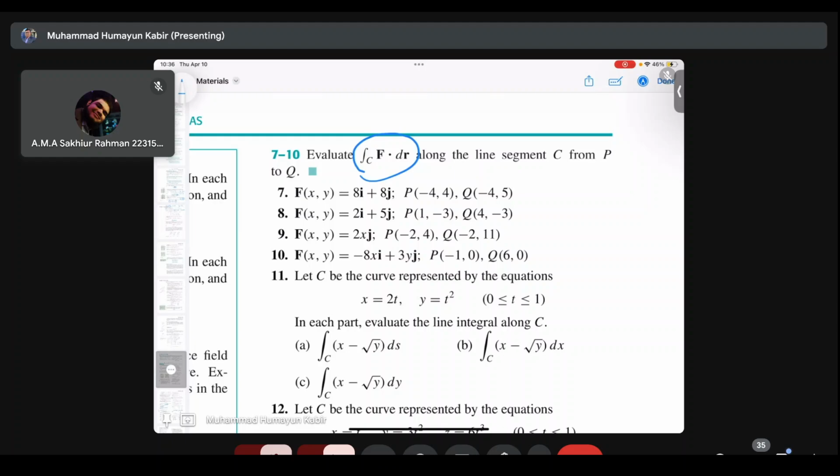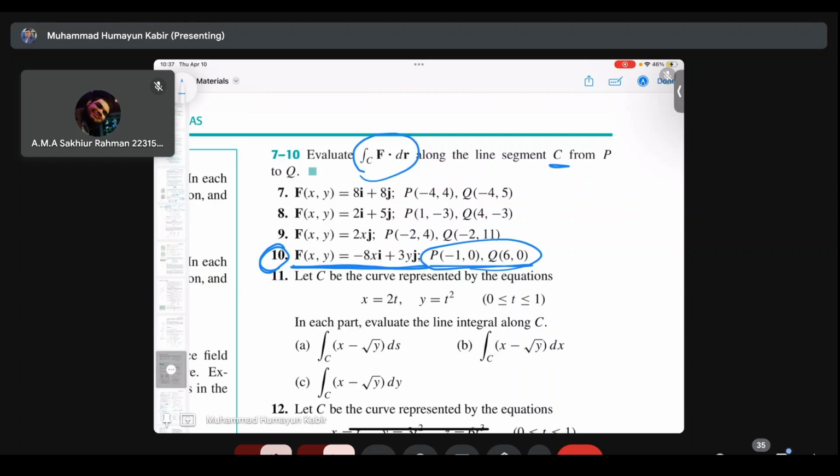How can we find its value? I want to show number 10. This is your vector valued function or vector field. And what is C here? C is a line segment in between P and Q. And you must know the position vector.